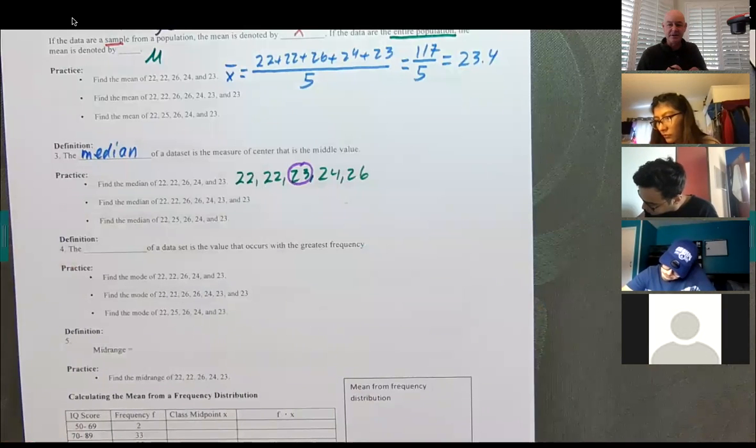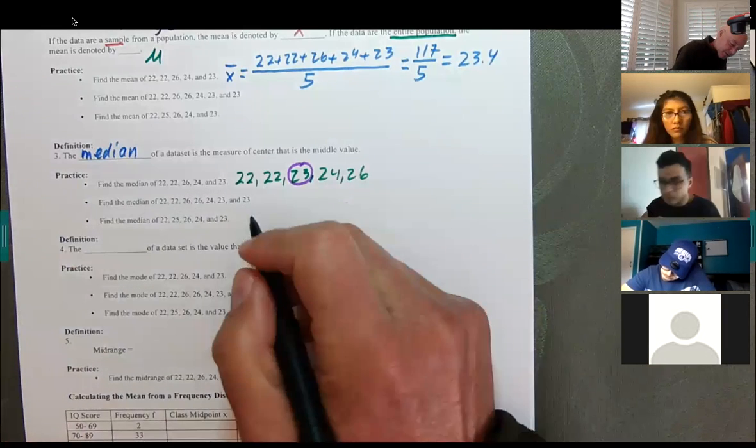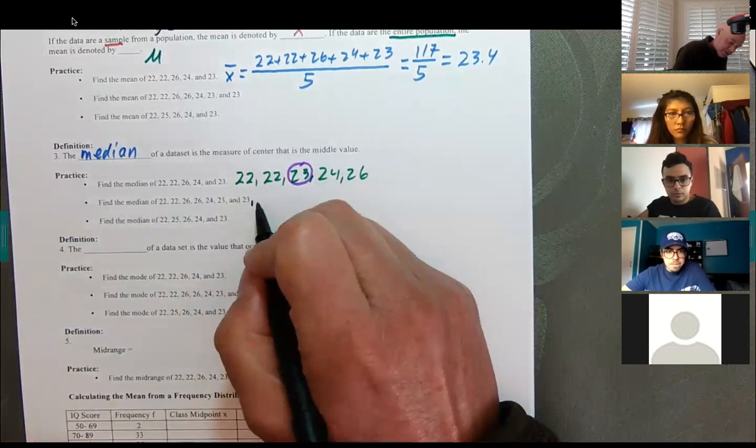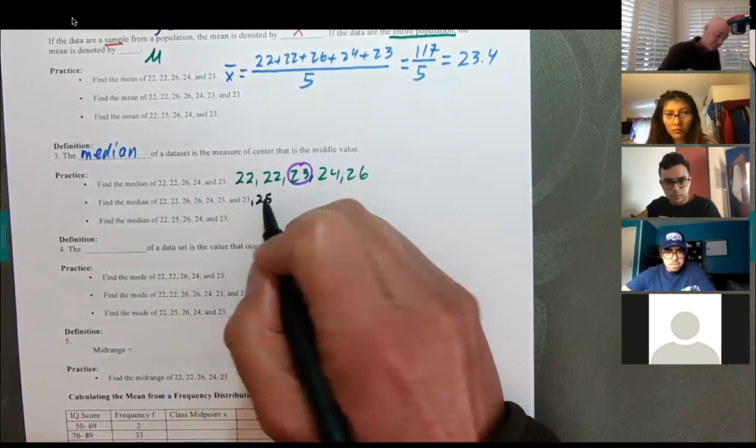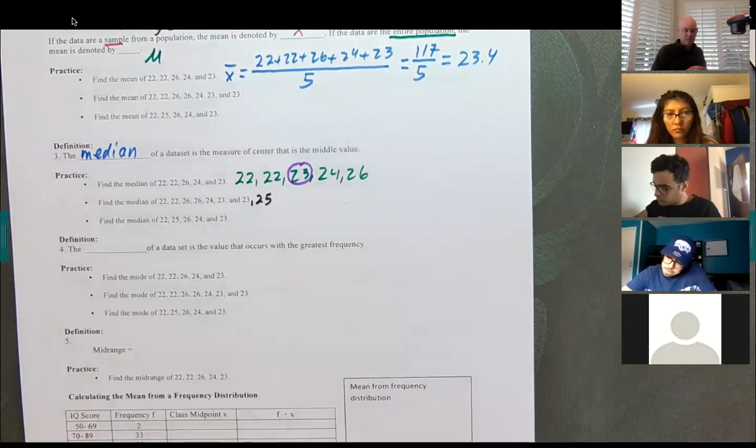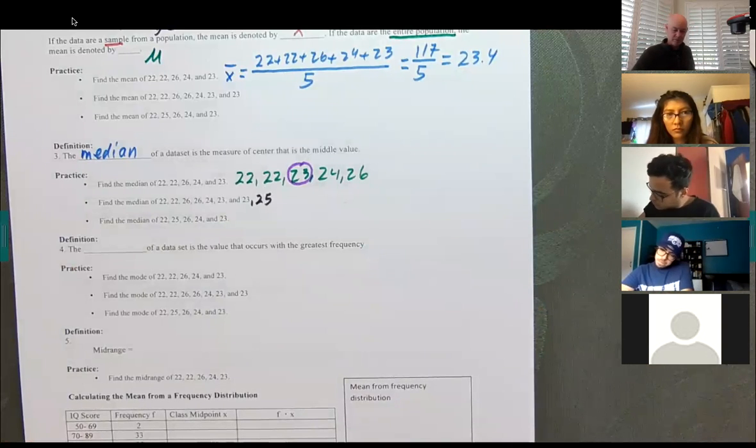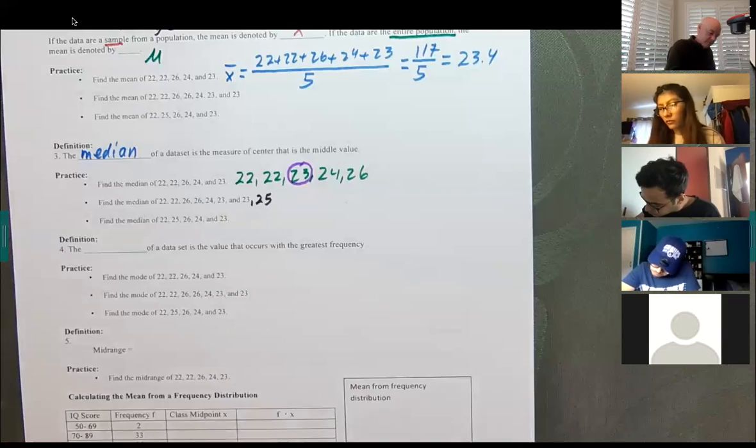I'm going to add a datum to this next one. And I'm going to reorganize it in order.